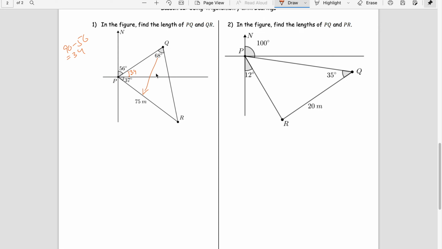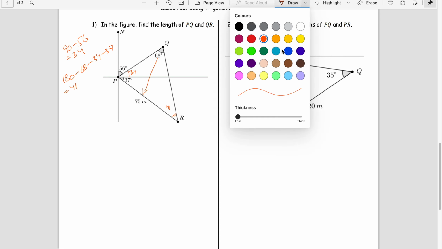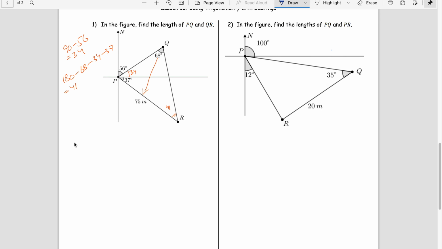So this is 34. Now you can use a sine rule. You take away these two angles to find angle R first. So 180 minus 68 minus 34 and 37. That is 41 degrees. So using sine rule, I can write PQ over sine 41 is equal to 75 over sine 68.